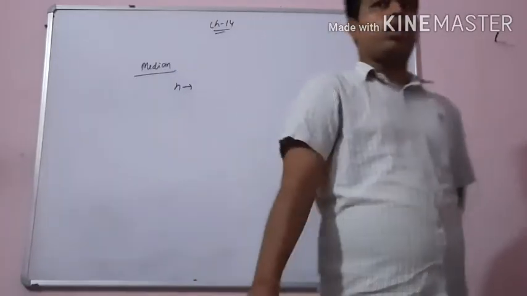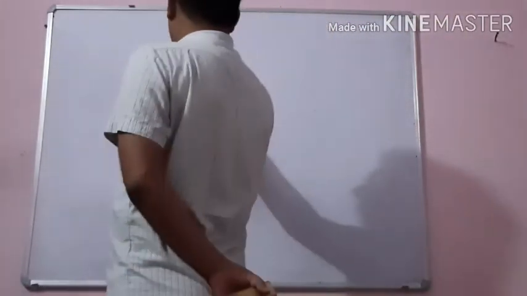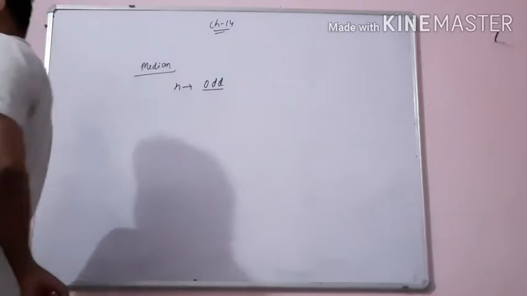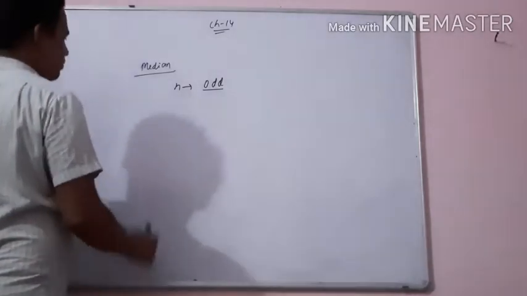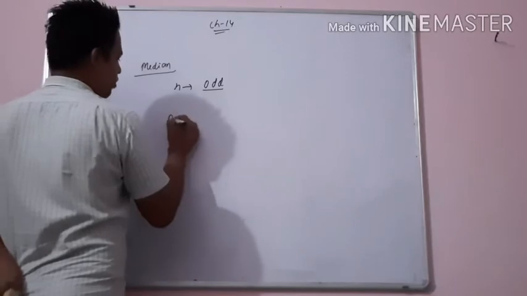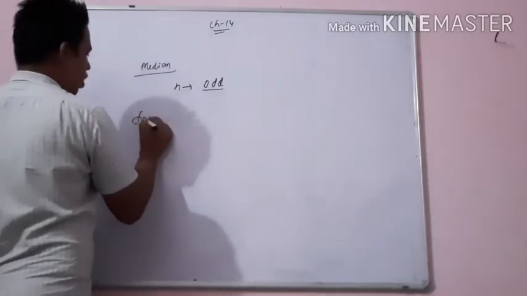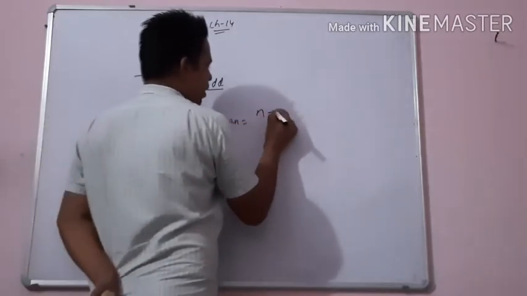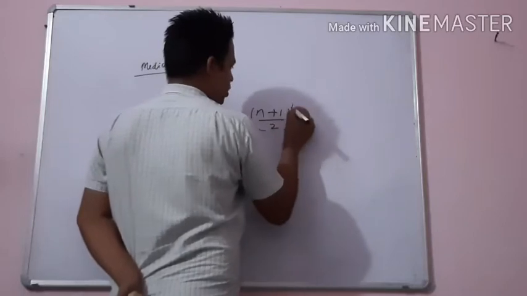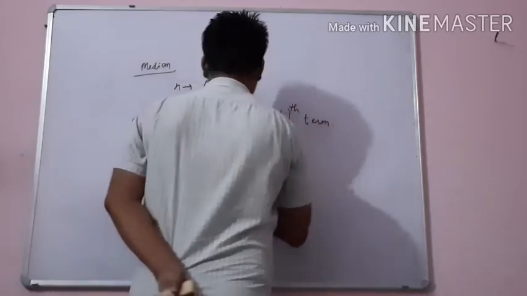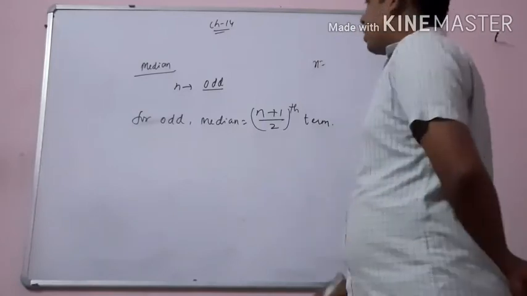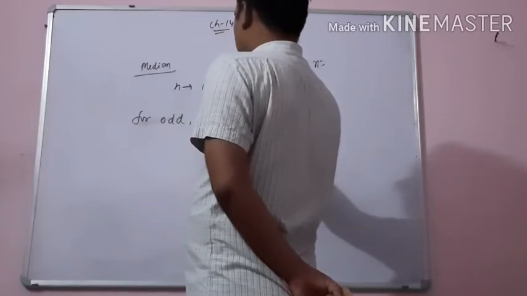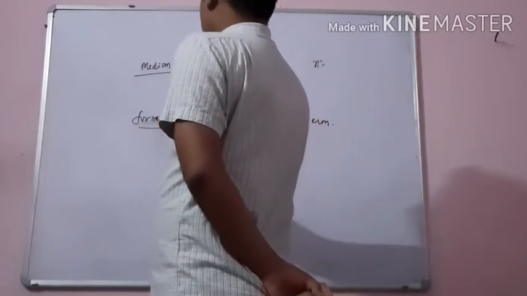Suppose n is odd. Then in that case, for the odd case, median is given by the (n plus 1) upon 2 term. Suppose n is the number of terms, and n is odd.